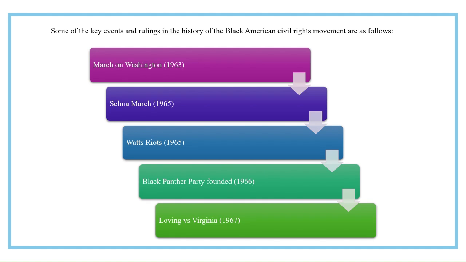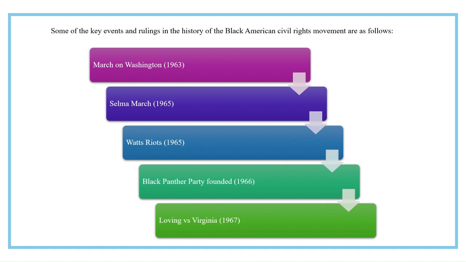Seventh, Selma March, 1965. On March 7, 1965, Martin Luther King Jr. organized a march from Selma, Alabama to the state's capital, Montgomery, to protest the blocking of Black Americans' right to vote by the Jim Crow laws in the South.